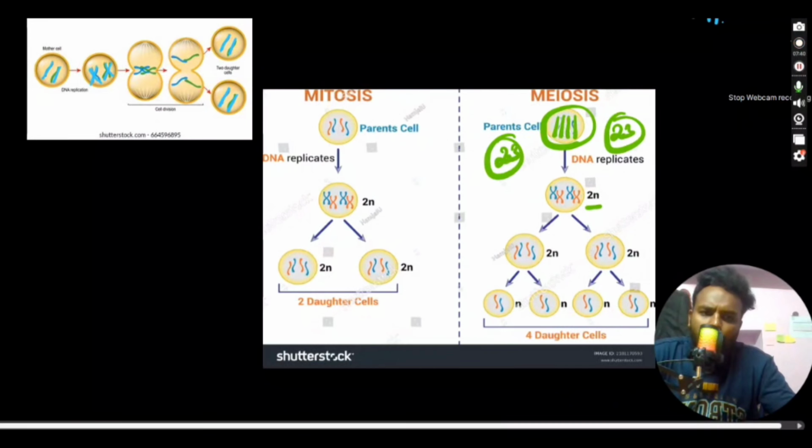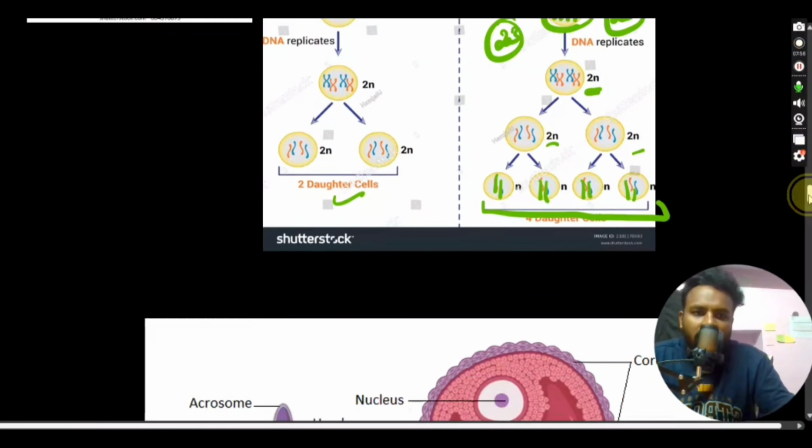Then it will become 2N first, then 2N plus 2N. After that it will be divided into single N, single N, single N, single N. So it will make 4 daughter cells. Here in mitosis it will make only 2 daughter cells, right?